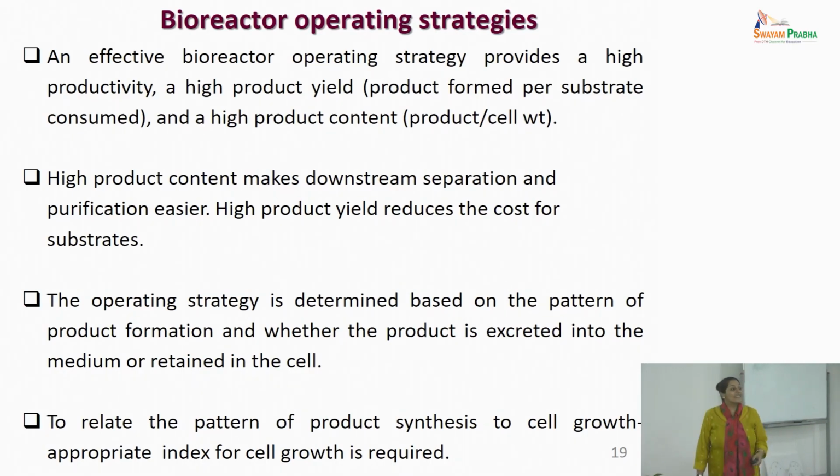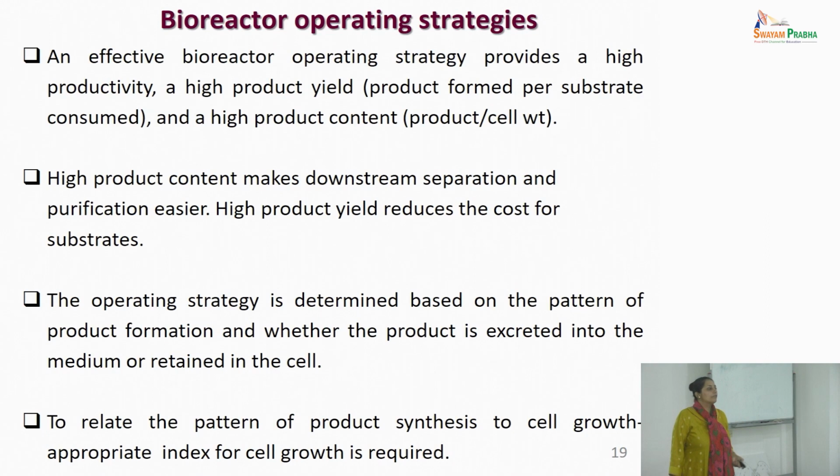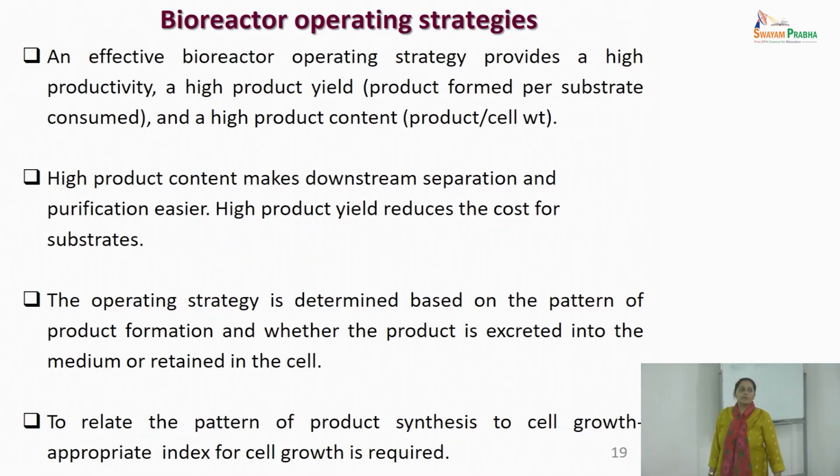And high product content is the amount of product produced per unit biomass. Now, what impact does it have on the bioprocess? A high product content will make your downstream separation and purification easier. High product yield reduces the cost of substrate.